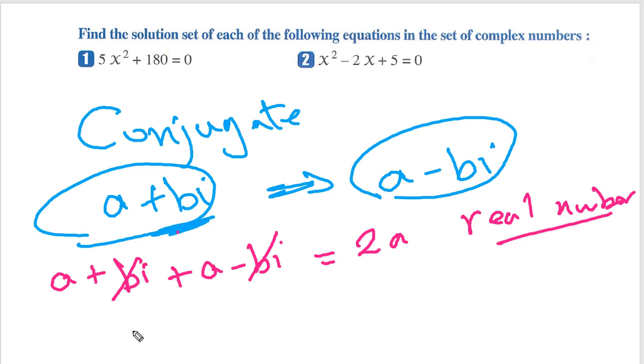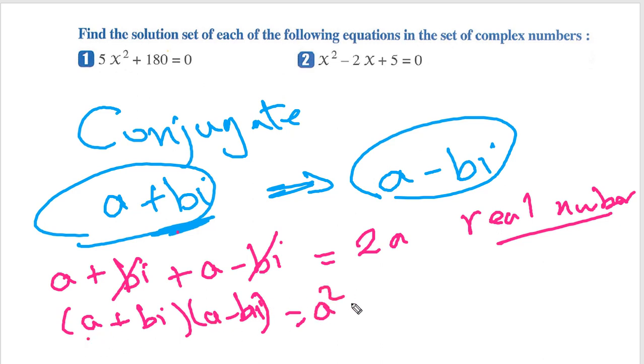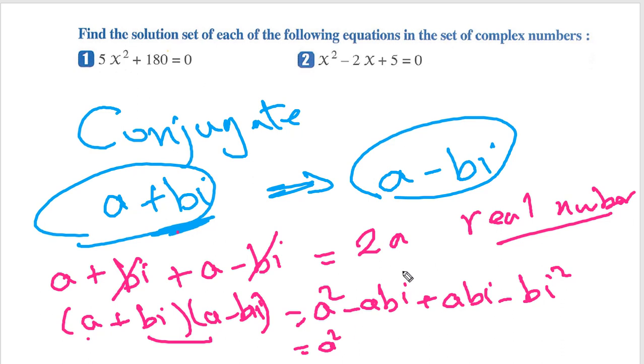But if you multiply them, a plus bi times a minus bi, multiply using FOIL. First by first, a squared. First by second, negative abi. Second, a plus abi. Third, plus bi by negative bi, which gives b squared i squared. Simplify here: a squared minus abi plus abi is 0.